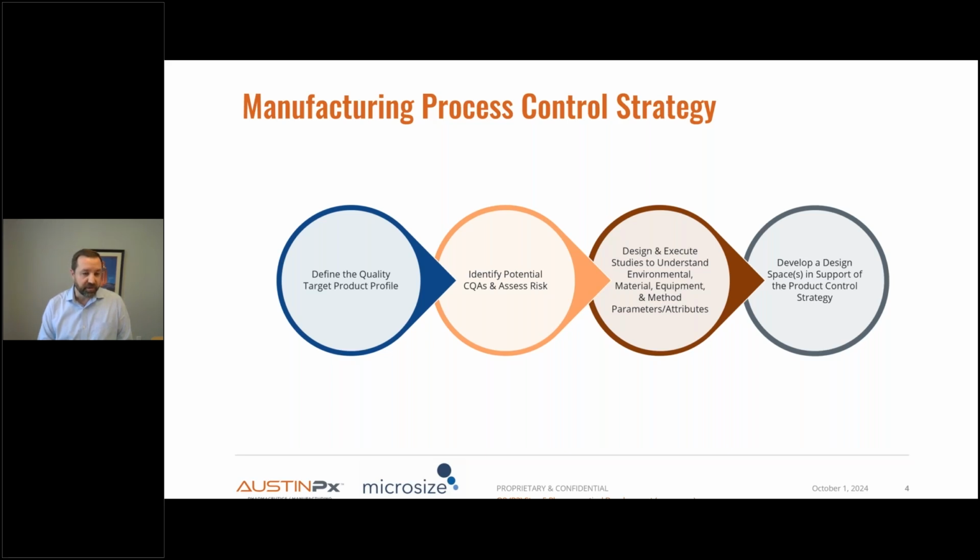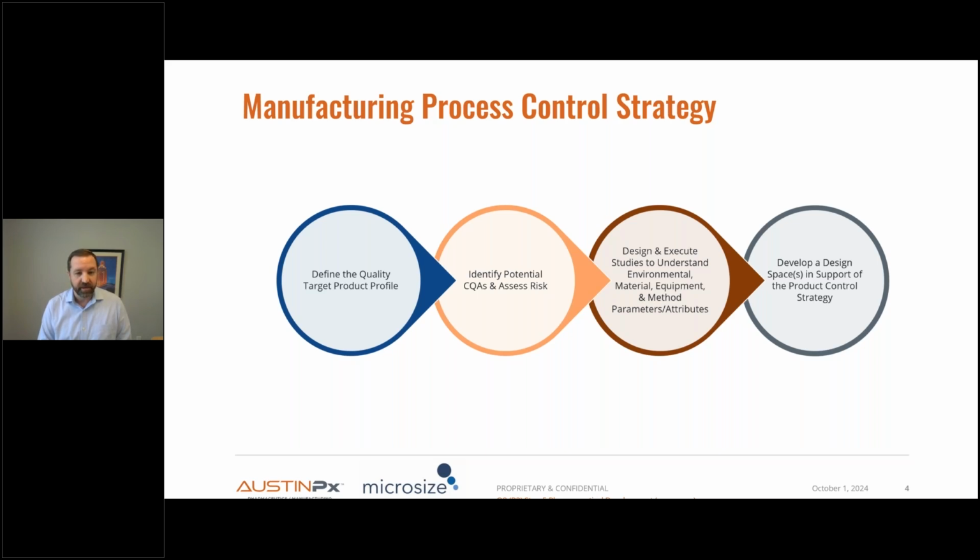What we want to start with is defining the quality target product profile, and then identifying which quality attributes could be deemed as critical. So the term CQA applies here, and then doing risk assessments, assessing what could cause these CQAs to not meet their targets. And in order to do that, we have to design and execute costly studies.